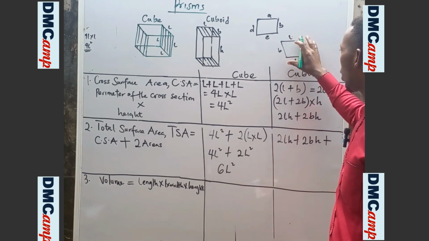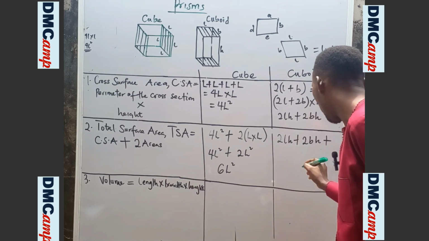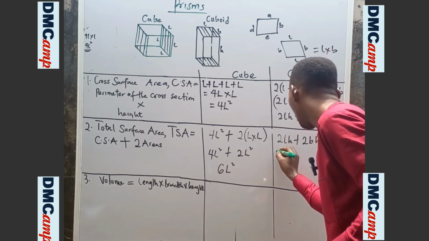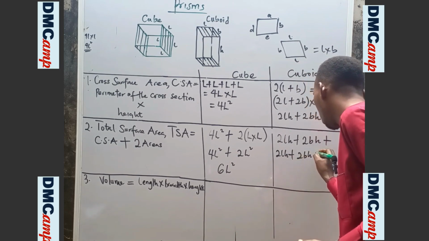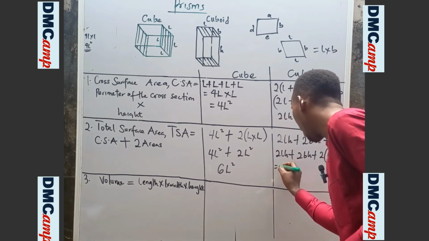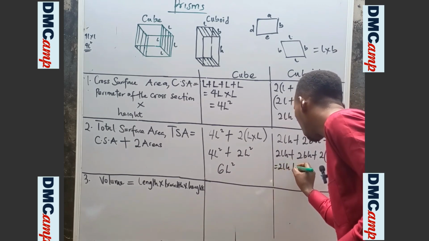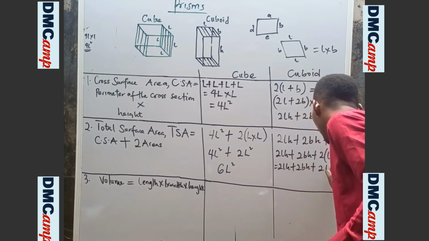And how do we get the area of a shape like this? It's simply length times breadth. So here we are going to have 2LH plus 2BH plus 2 of length times breadth, 2LB.